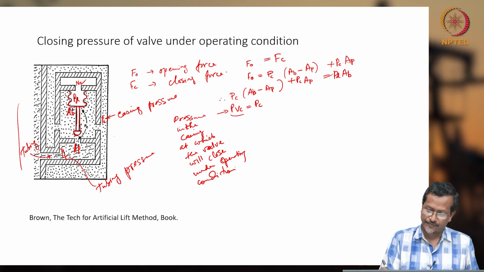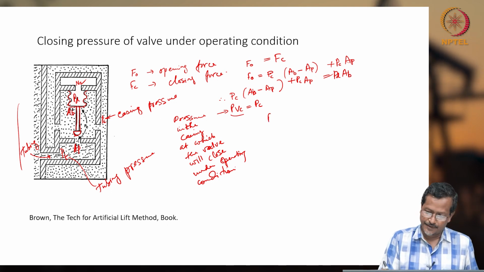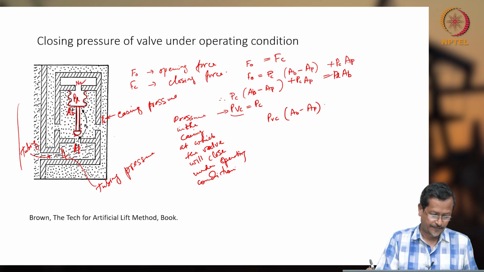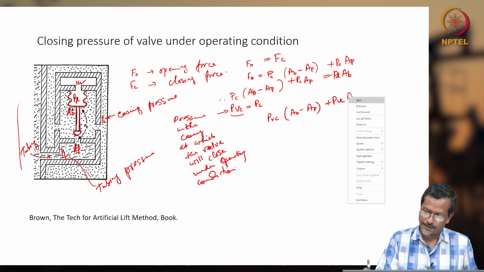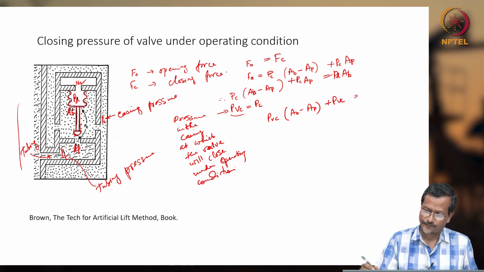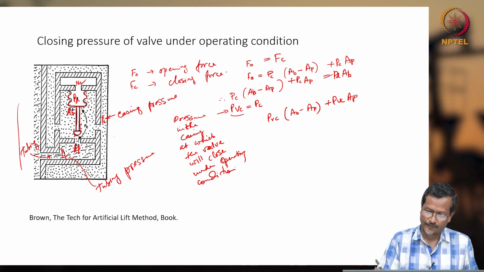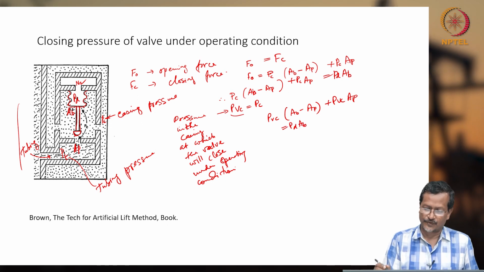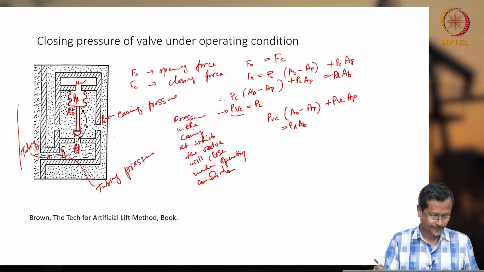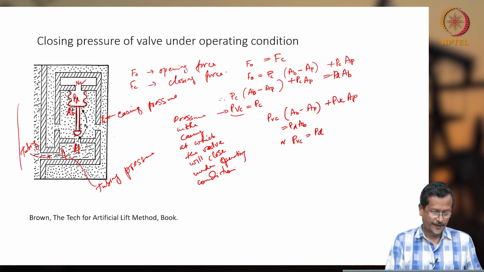PVC times (AB minus AP) plus PVC times AP equals PD times AB. PD means dome pressure, so PVC equals PD.